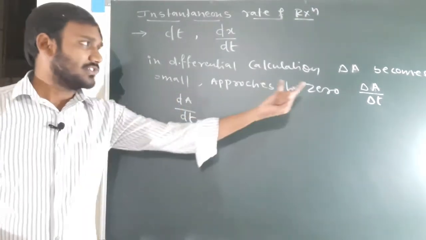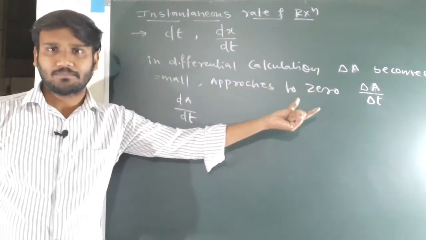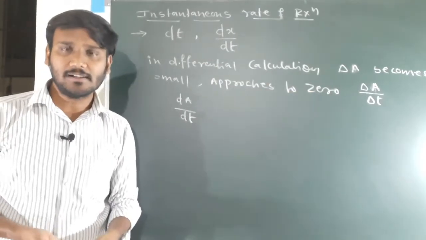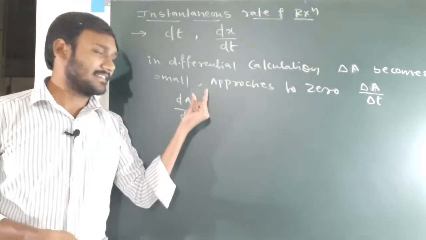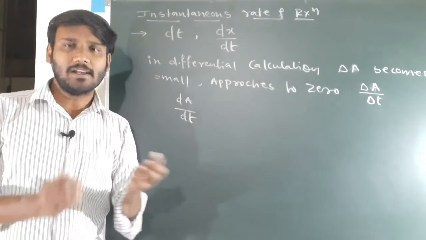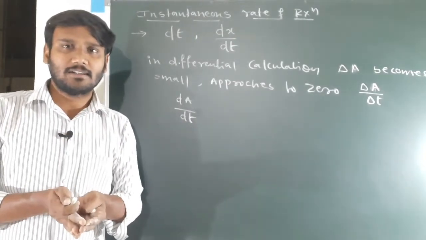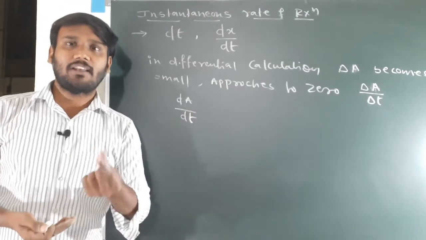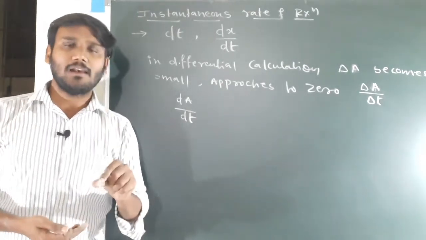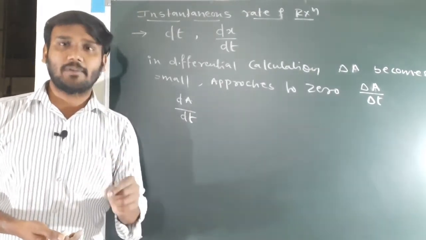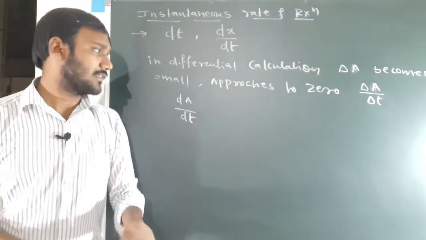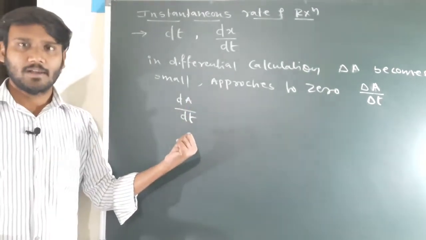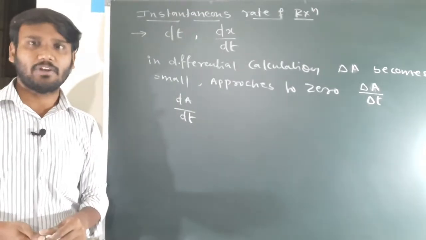That means when the change in the concentration, delta A, is very small or approaches 0, that is, in a very short time the concentration of the reactant or product changes very little, then we can show it with the symbol dA by dt. That is the instantaneous rate of reaction.